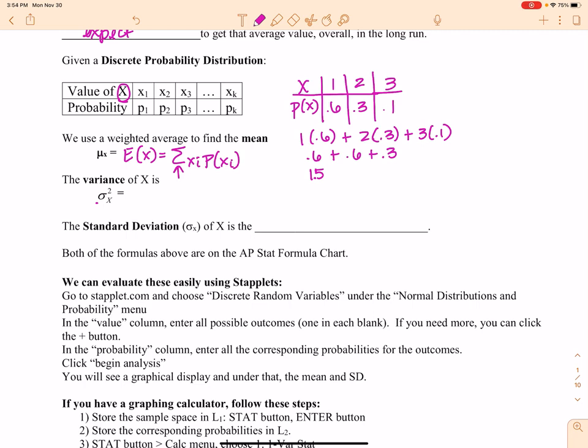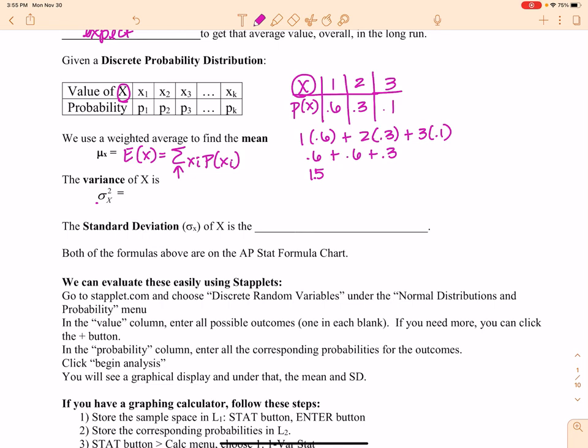That is going to give me my expected average. For this particular situation, whatever x represents, I can expect in the long run, if I take many samples, to get an expected value of 1.5. So when you see the words expected value, you need to be thinking, oh, that's a weighted average. Please keep that in mind as we move forward.